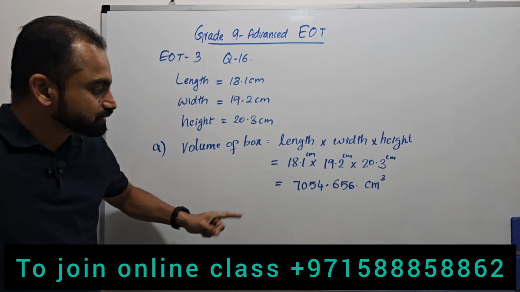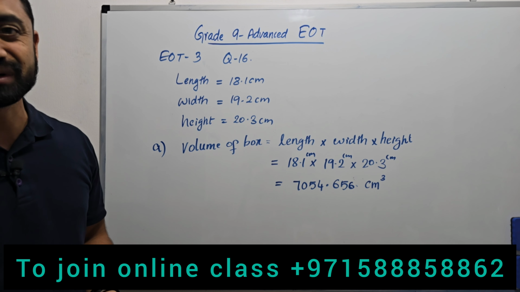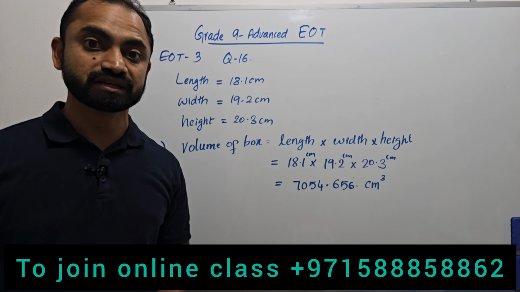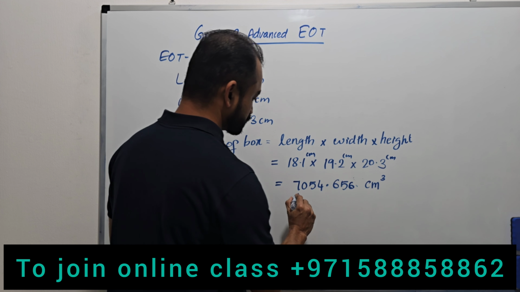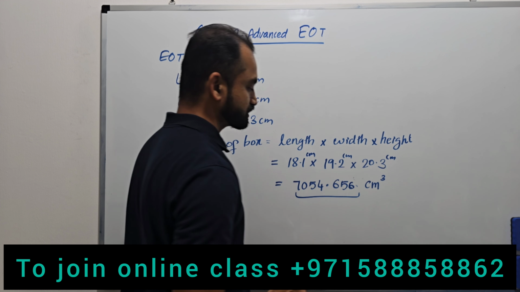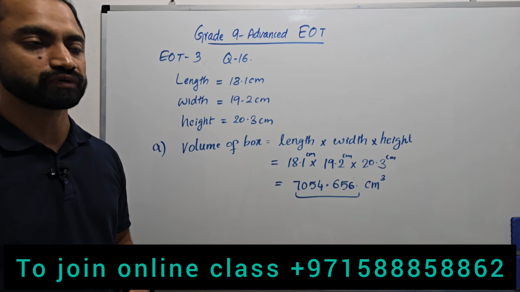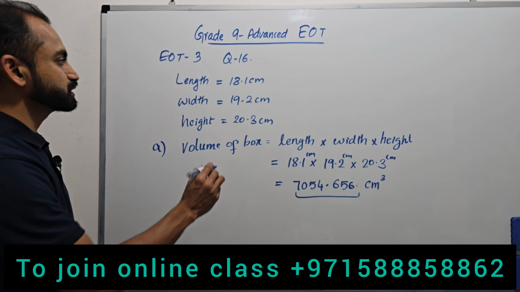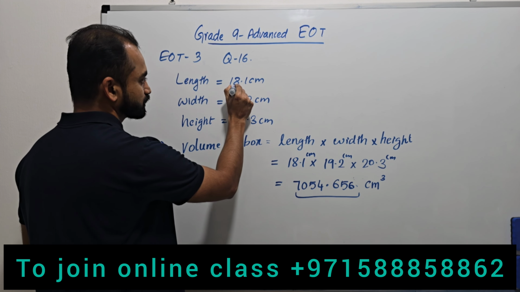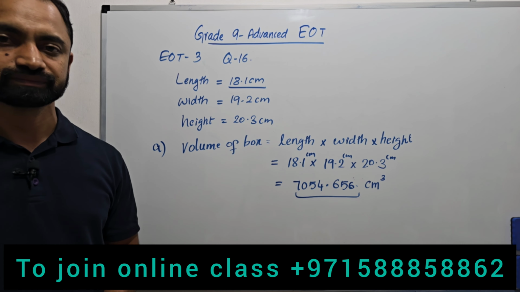Okay, then is our answer correct? Actually this answer is not correct in significant figures, if you need to write the answer in the correct number of significant digits. For example, in 18.1, how many significant figures?